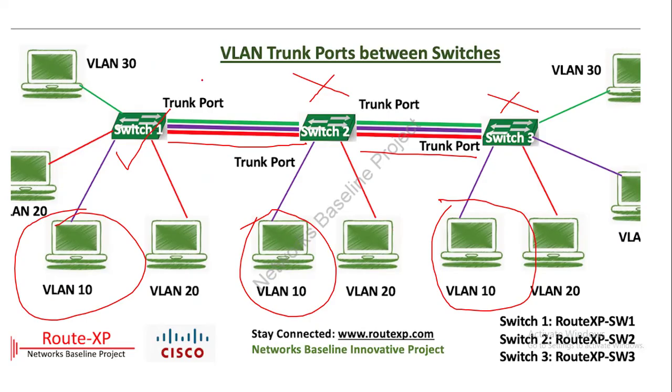That means if you are configuring both the switch ports as trunk ports, then the VLAN configuration on switch 1 will carry traffic going to switch 2. And if you configure the switch 2 port that is connected to switch 3 as a trunk port, then all VLAN information traffic will be carried. That means you can create one core switch.